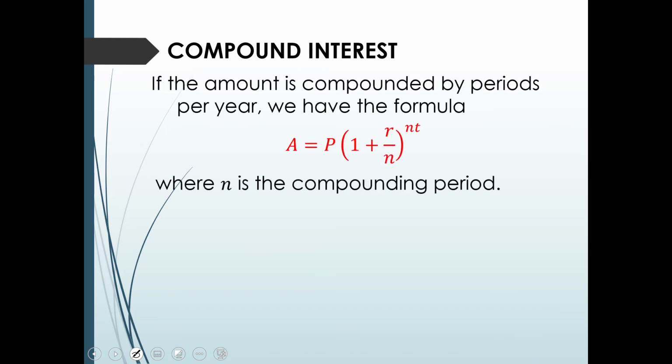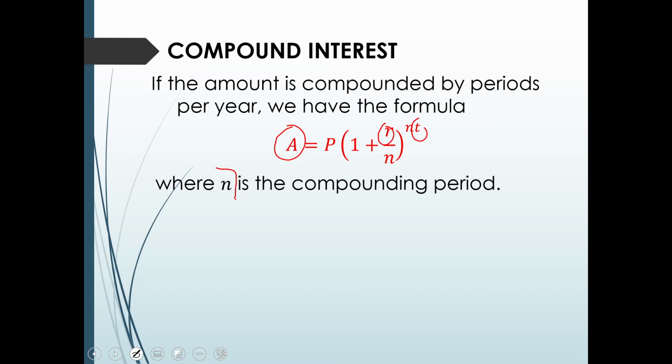Okay, so the next one is for compound interest. What's the difference between simple and compound? It will be mentioned, like use simple interest, or here, compound interest. So that means you will know. Now here the same thing: A is the money in the end, P is the money in the beginning, R is the rate divided by 100, and time should be in years.